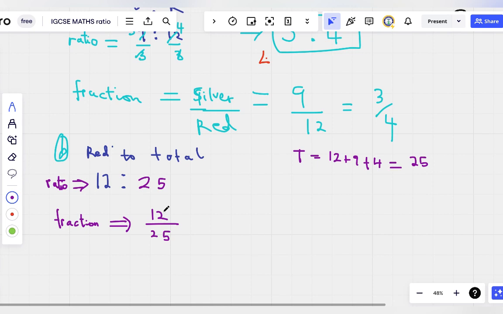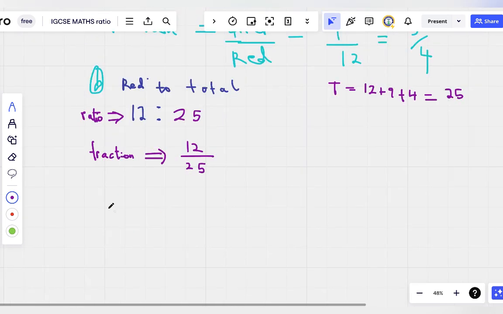The C part of the question says, what's the ratio of red cars to blue cars? So I'll write red to blue. We already know the number of red cars, they are 12, right?